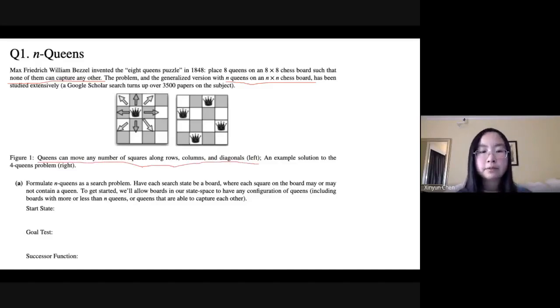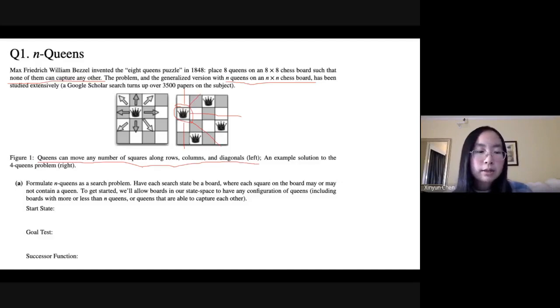Let's say if we put a queen in the leftmost column of the second row, then this moving rule means that we cannot put any other queens in the same row of other columns or in the same column of other rows. And also we cannot put other queens in the same diagonals as the current queen. So these are basically the rules of this problem.